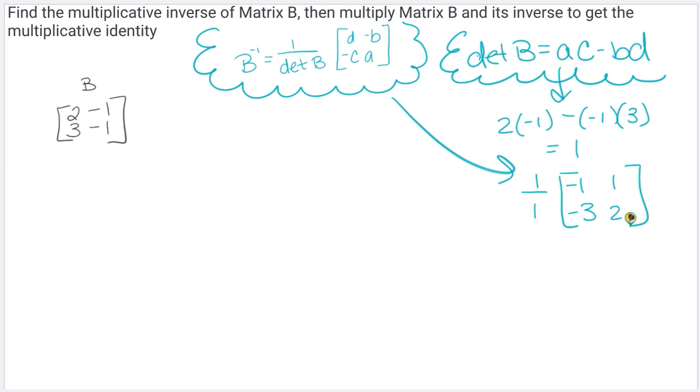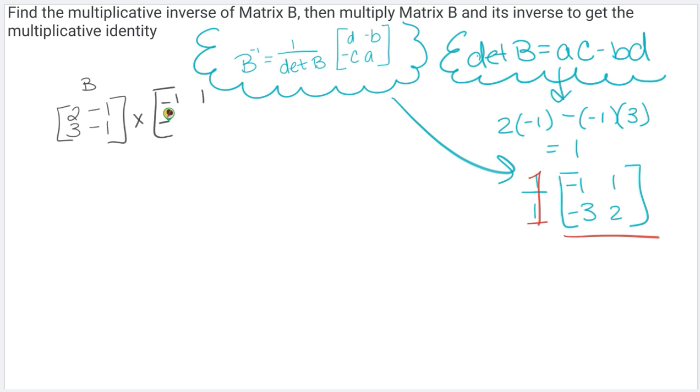Okay, and just because we're multiplying this whole matrix by 1, we know that that doesn't add value. So this now is our multiplicative inverse, and to prove it, we're going to multiply our original matrix B by it, and we should get our multiplicative identity back.